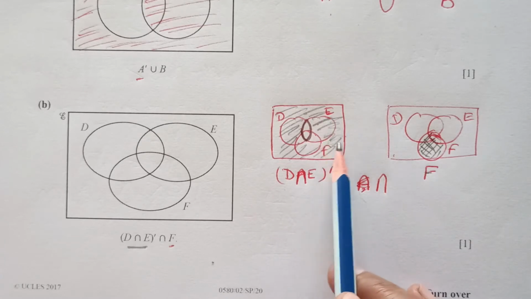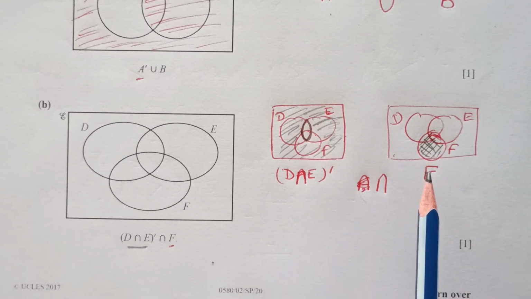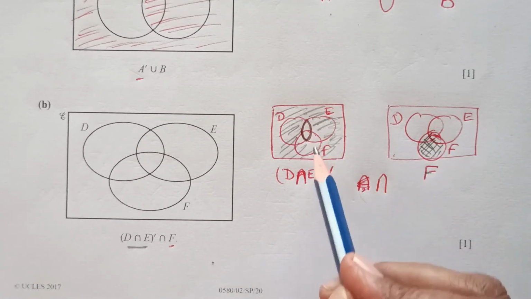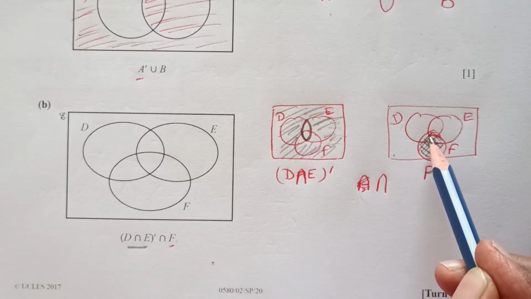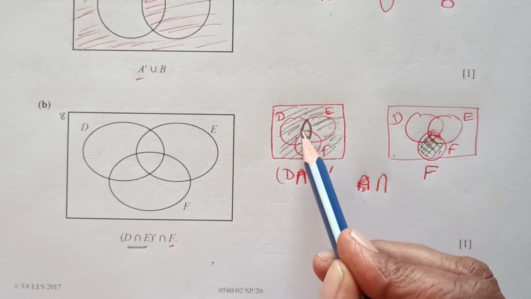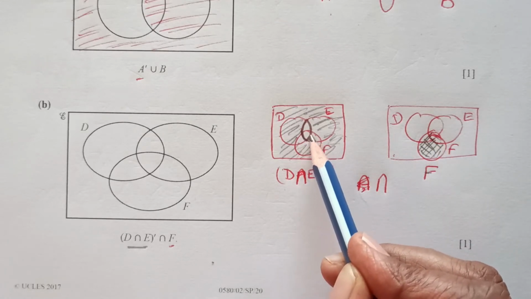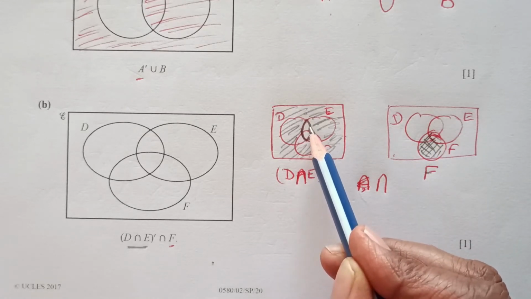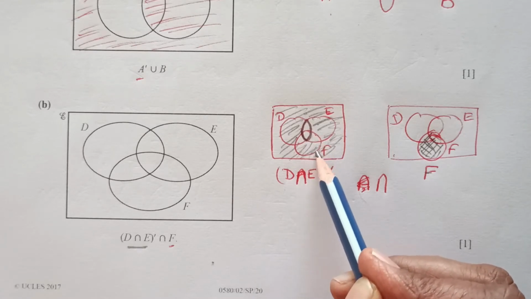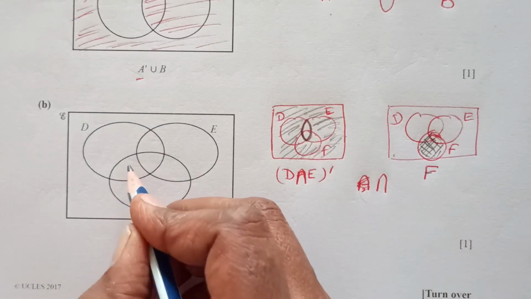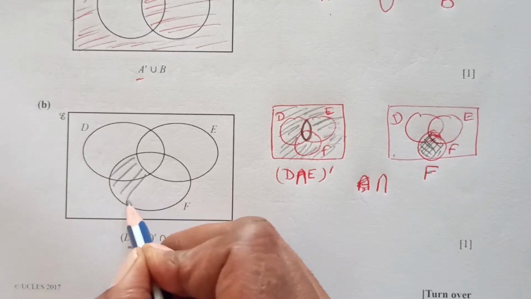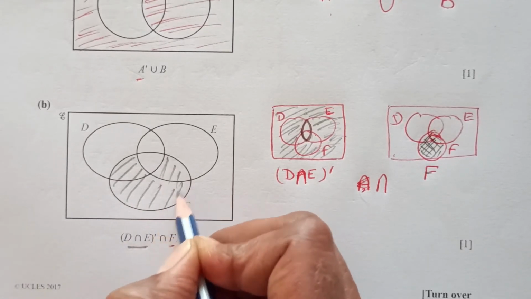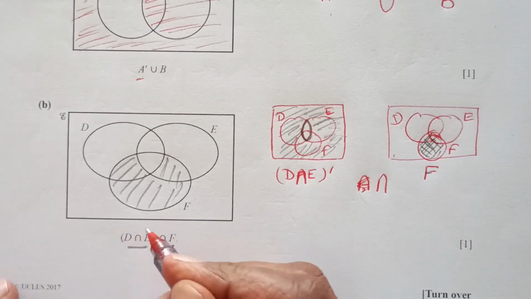This is the shaded part and this is the shaded part. Which one is the common part here? We can see this part is common, plus this F part is common, leaving this one because this is not included. So leaving this part and then taking part of F. That means we have this part here, the shaded one, this one. Let me shade it with the pen.